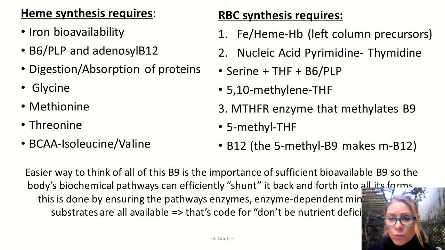And the reason this is super important, and it's the intersection of why thymidine nucleic acid synthesis inhibition from deficient B9 and B12 can also impact the homocysteine pathways, is because of the tetrahydrofolate right here, this 5,10-methylene.